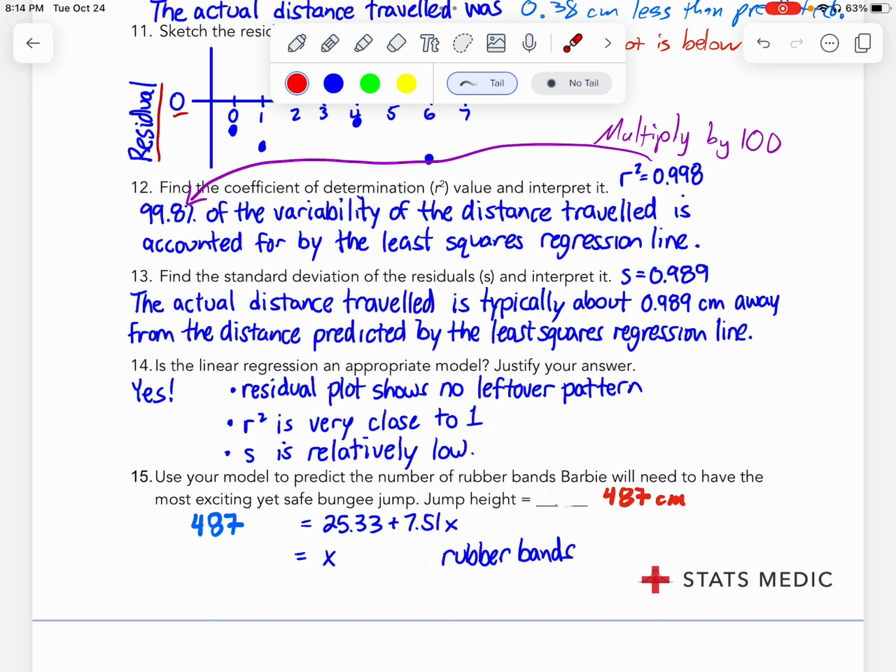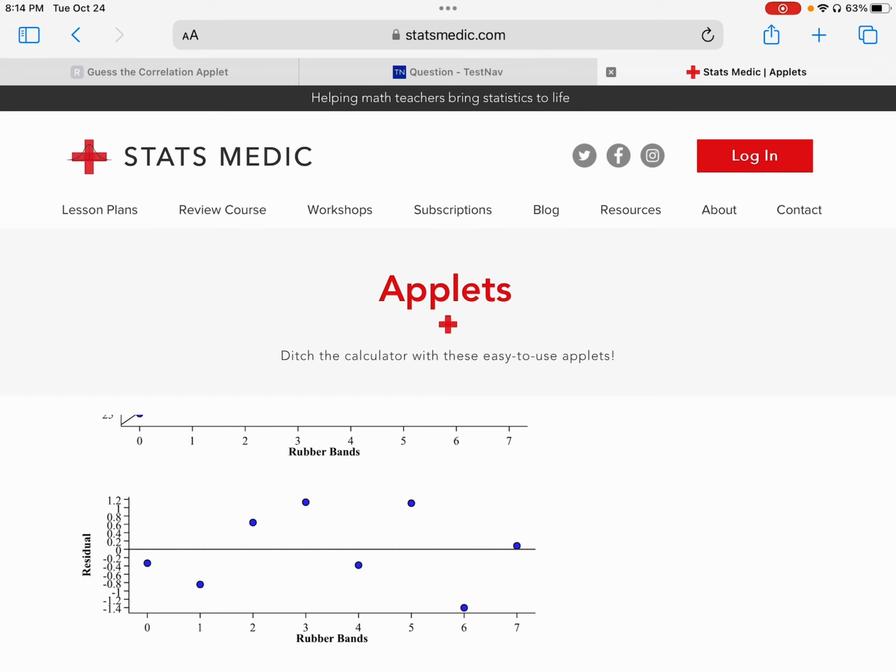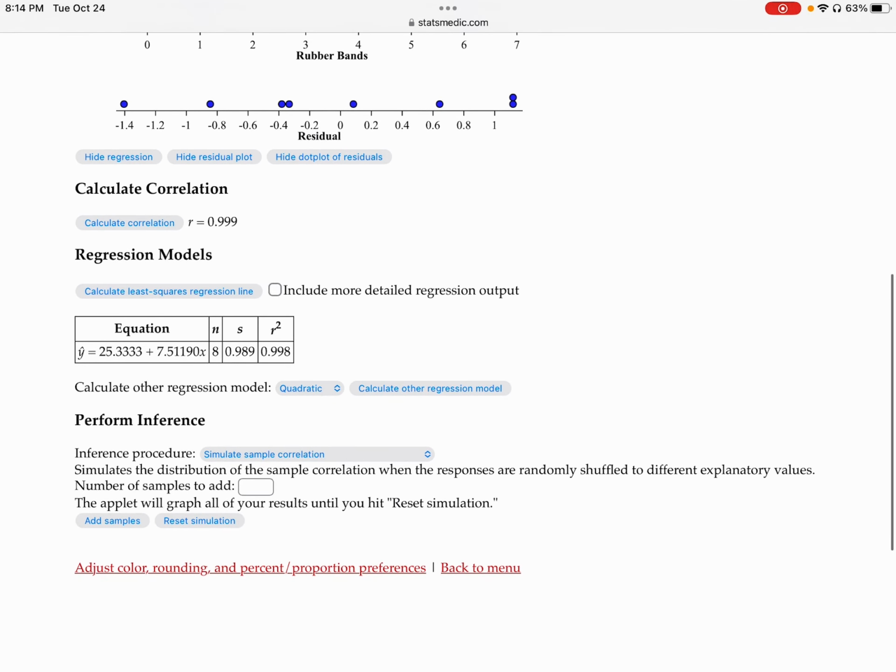The standard deviation of the residuals, that is just S. This is not on your TI-84. This will always be given to you on a test, like in a table. So in your applet, it's right next to R squared, down here on the bottom. There it is, 0.989.